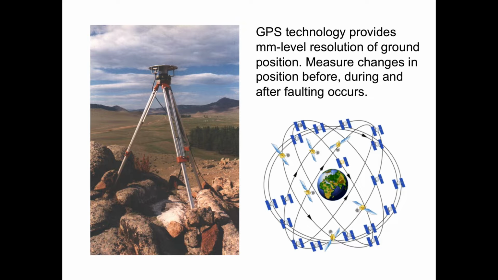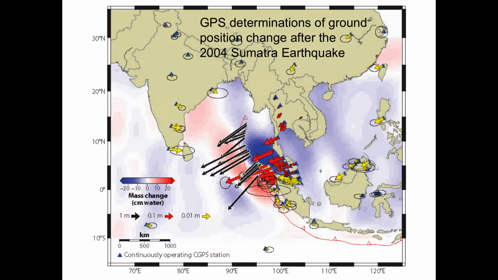But this GPS sensor then measures very precisely the position, and as you do it at different times, intermittently deploying the instrument, you can get the changes in position before and after faulting and make maps like this. This was developed some years after the Sumatra earthquake, I think is when this is first published, and can measure the amount of motion of the stations relative to a fixed reference frame here taken somewhere down in the Indian plate.